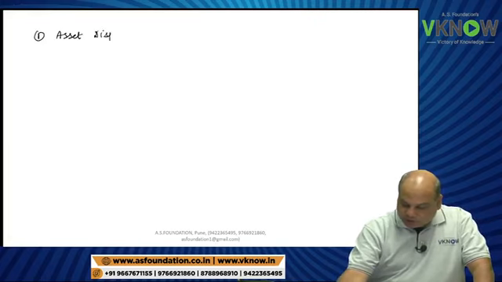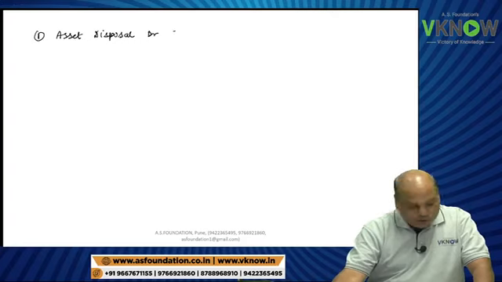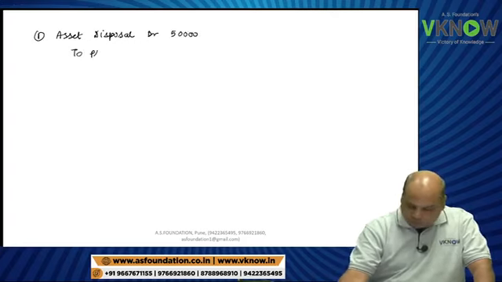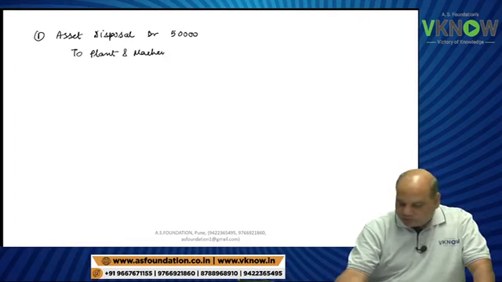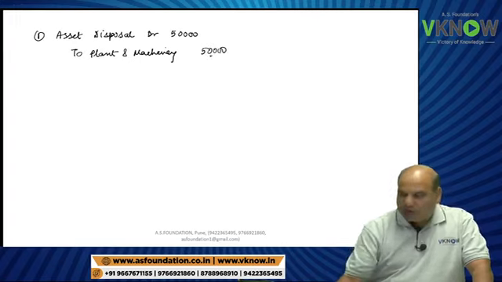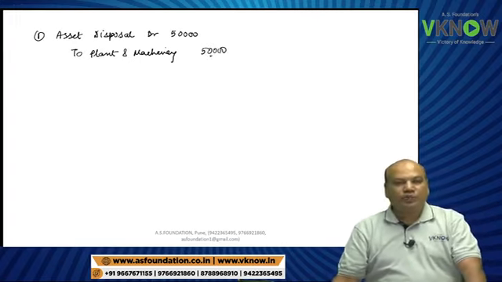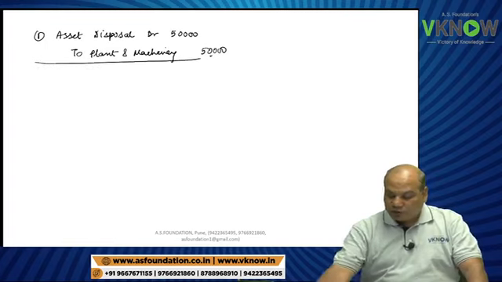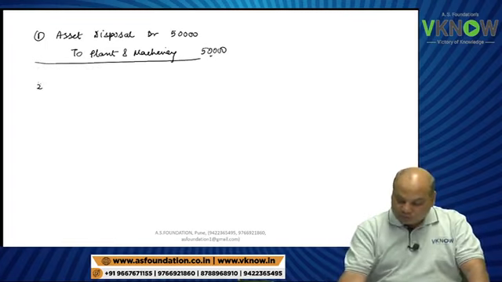Please write down the entry at the end. Asset disposal account debit 50,000 to plant and machinery account 50,000.